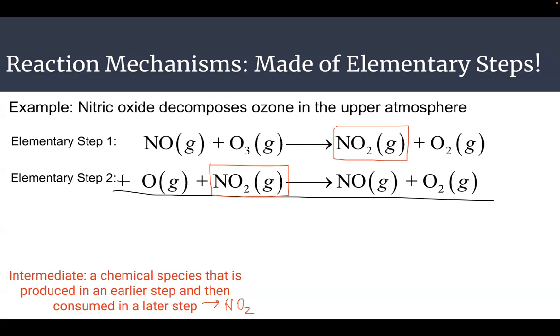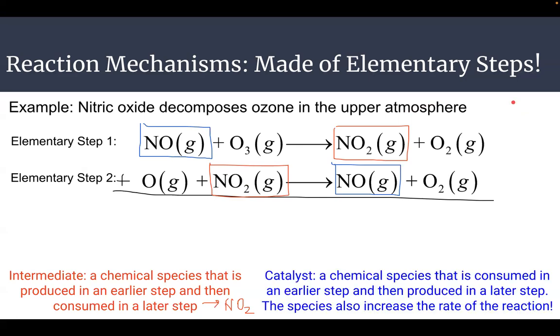However, it's not the only species that will cancel out. If I take a peek, nitrogen monoxide is a reactant early on, but then I notice it's also a product later on. This species will cancel in our overall reaction, but it's not an intermediate. We call this species a catalyst.